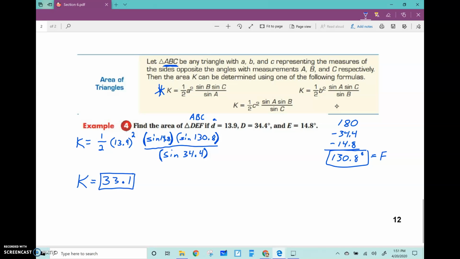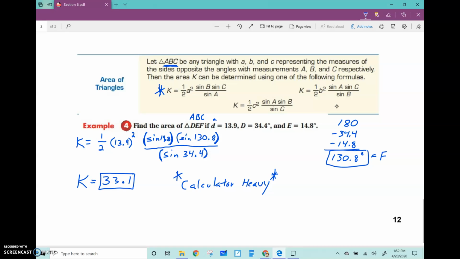Again, this section of this chapter is going to be calculator heavy, which is a good thing since we're doing our online remote learning. You're going to be relying on your calculator for most of this. The hard part, guys, is just making sure you're picking the right formula to use.